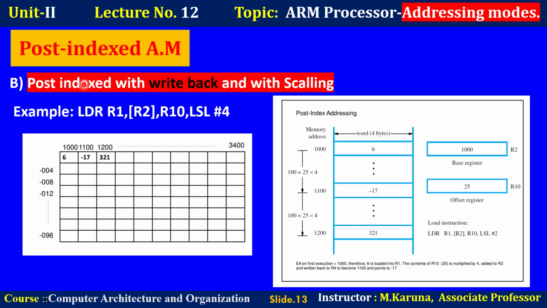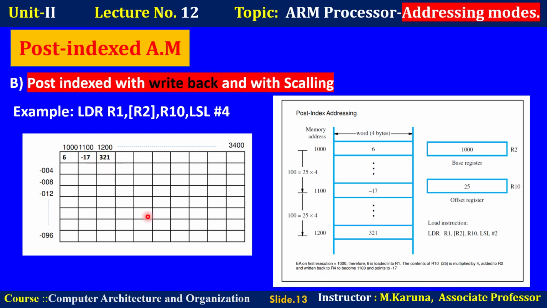Next, coming to post indexed with write back and with scaling. Already we know scaling, right? We know about write back and we know about scaling, meaning shift left or shift right can be used to modify the address. Suppose in the case of this matrix, you want to choose the data from the 1000 location, 1100 location, 1200 location. 6 resides at address 1000, minus 17 resides at 1100, 321 resides at 1200.